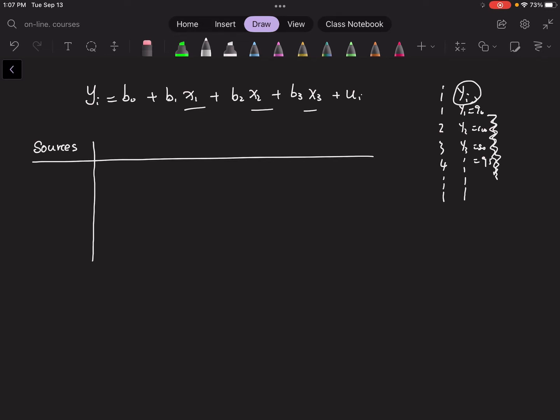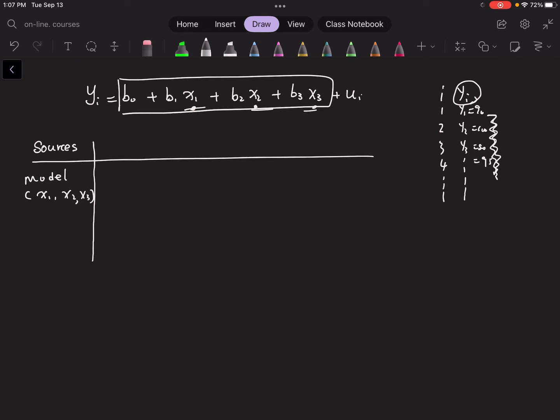So, sources of variation in variable y, and you're using this model, x1, x2, x3, to explain the variation in y. So one reason or one cause of variation in y is that there might be different values in x1, different values of x2, different values of x3, right? You're using this set of explanatory variables to explain y.